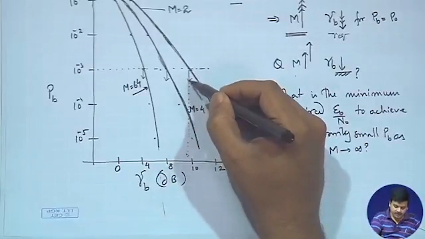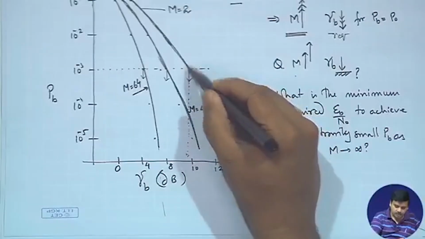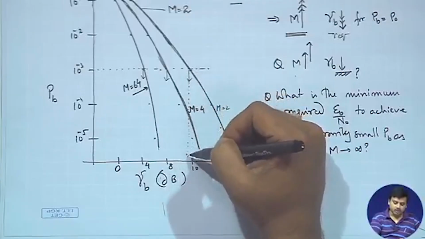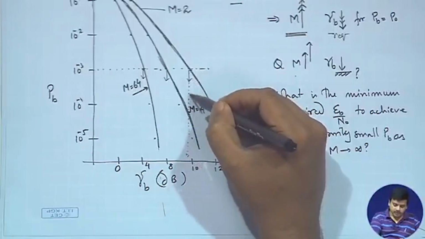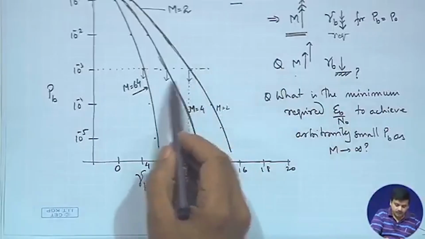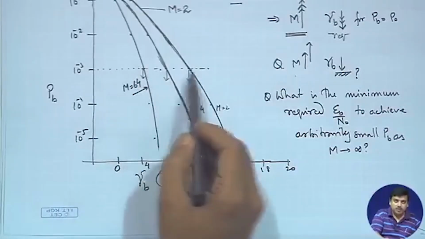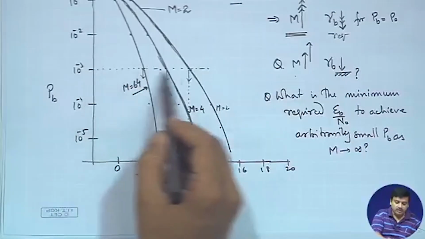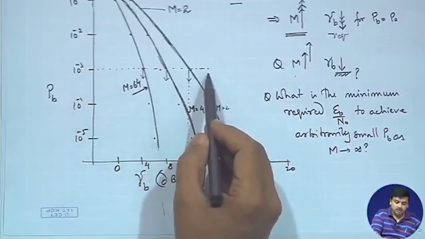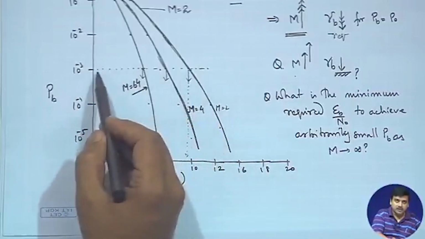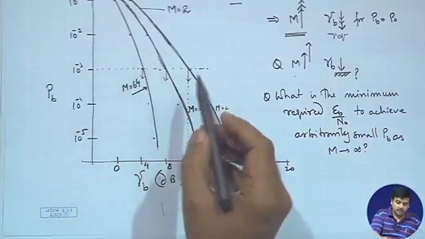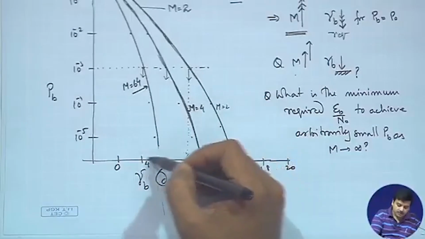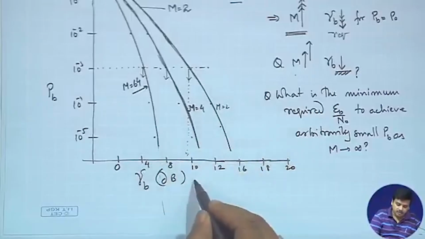As m increases from m equals 2 to m equals 4 to m equals 64, k equals 1, k equals 2, k equals 6, what we clearly find is that as we keep this constant, we traverse this line, because P_b constant, d constant, E_s constant. So k increases along this direction, therefore E_b is decreasing, this is E_b by N_0, which is constant.